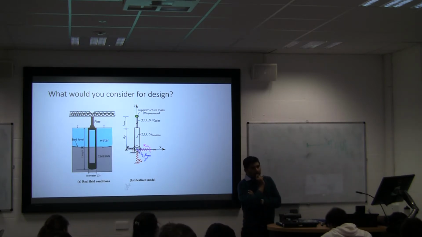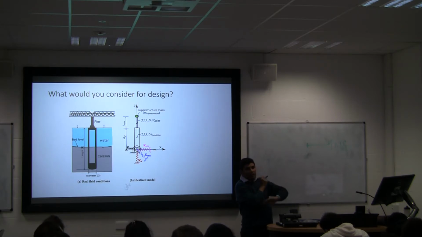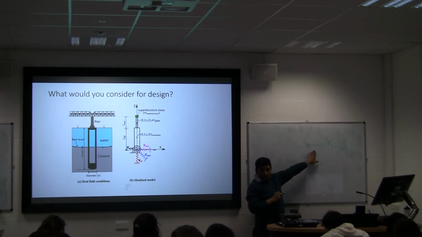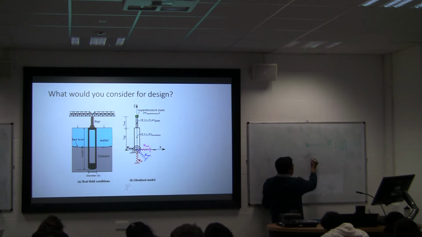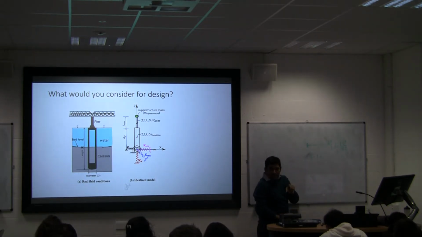Now, if I want to work out the stiffness of this cantilever column, what does stiffness mean? Stiffness means load required for unit deflection. So when delta is equal to 1 unit, say meter, what P is, is the stiffness.